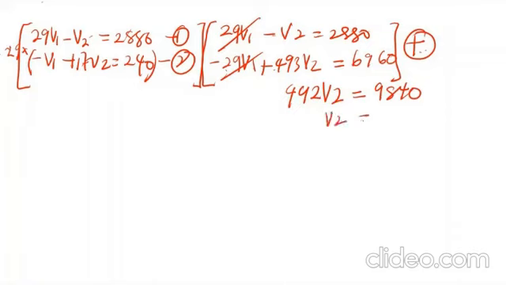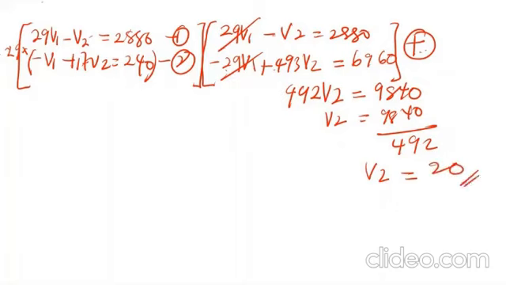So V2 equals 9840 over 492. So your V2 is equal to? V2 equal to what? 20, right? Correct. Correct.